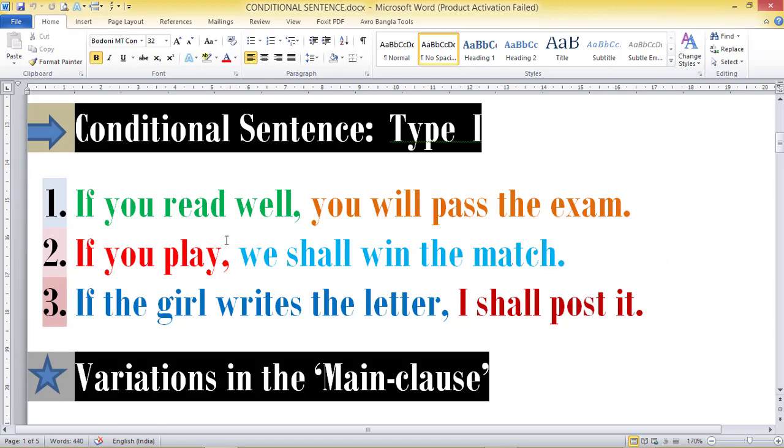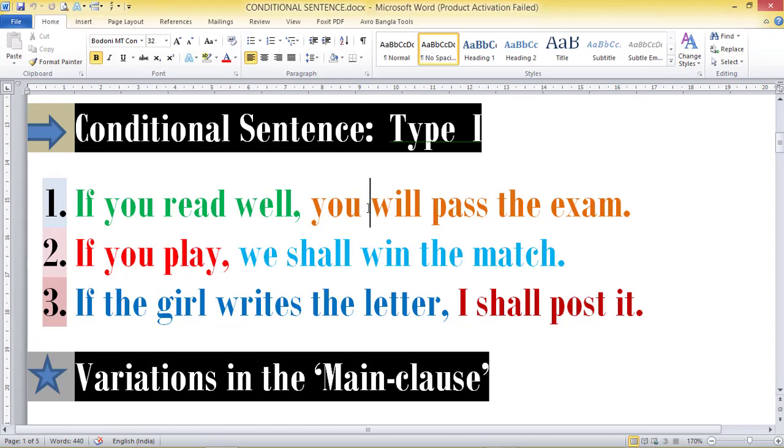In the if clause, if you observe, you'll come to know that here present indefinite tense has been used, that is after the subject, the first form of the verb. And in the main clause, you observe after the subject you have used will.